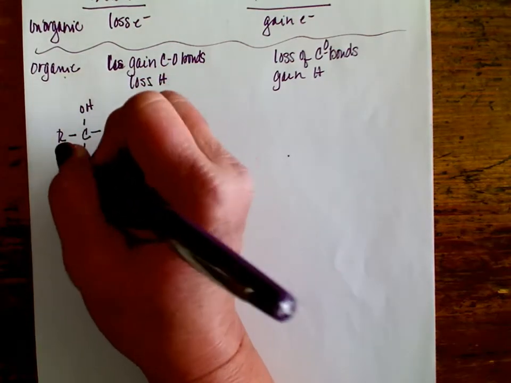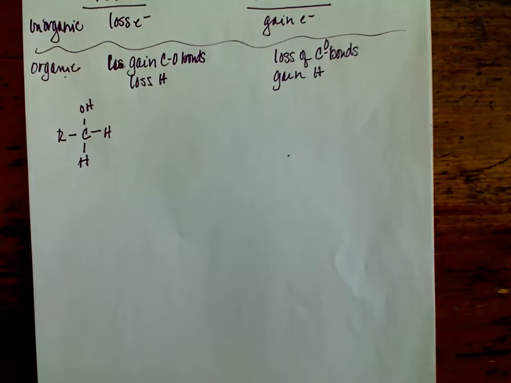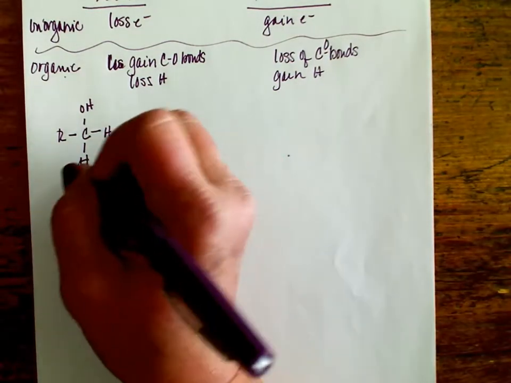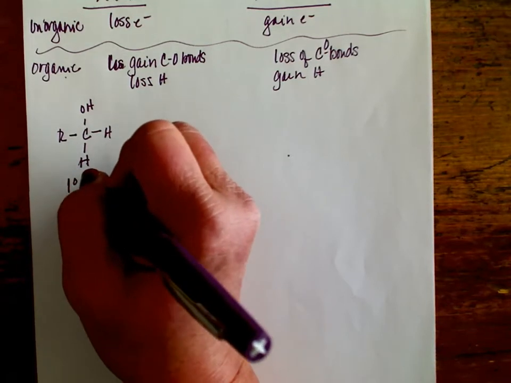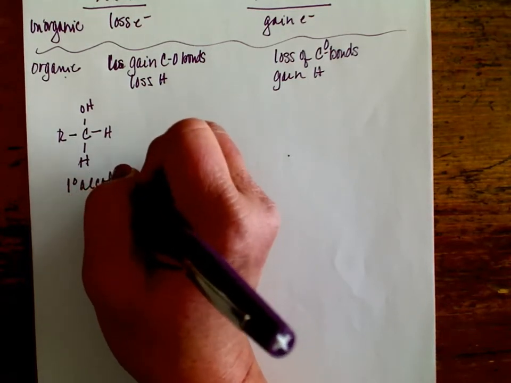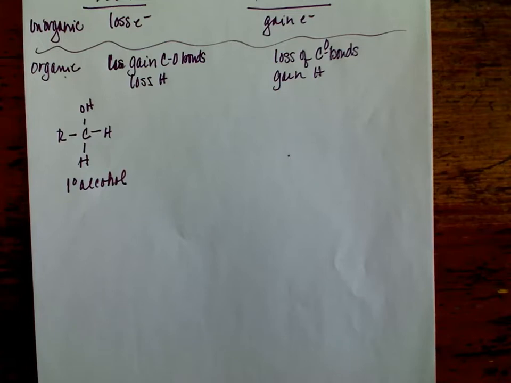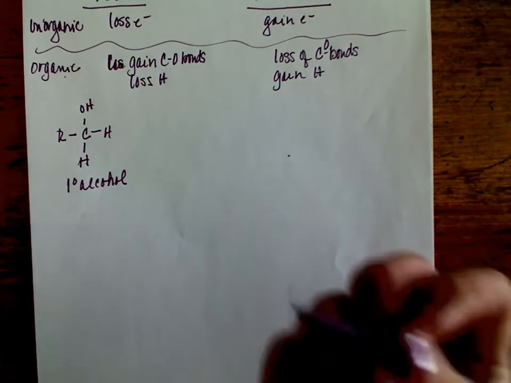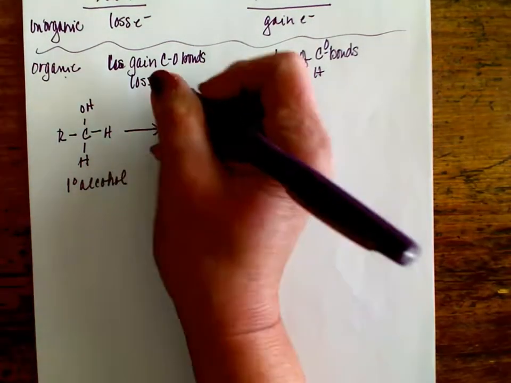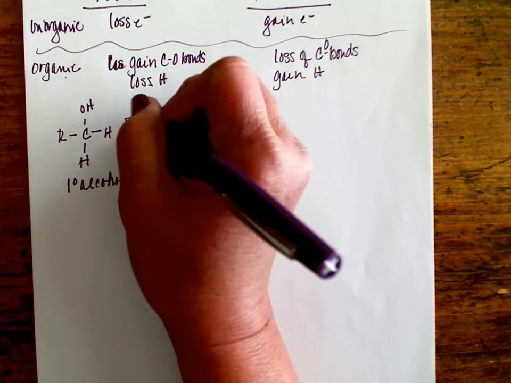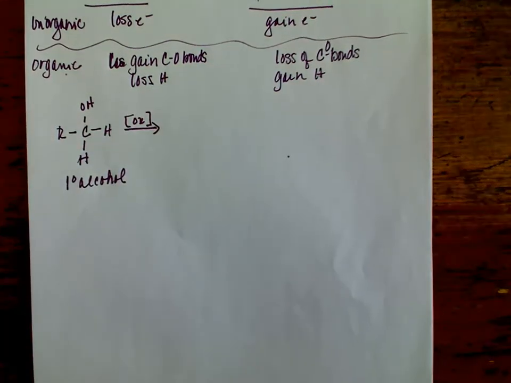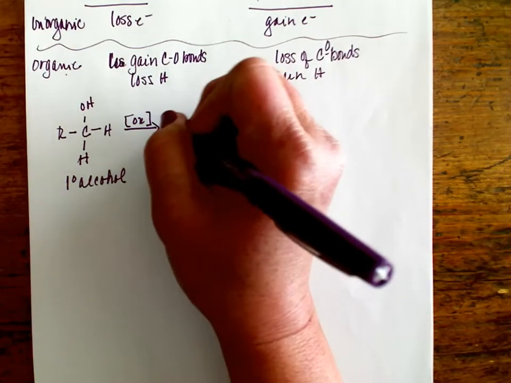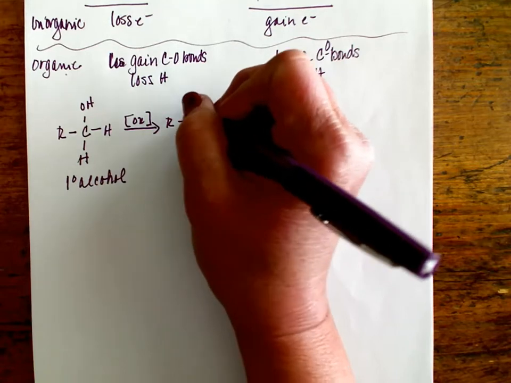So primary alcohol, again, the R group representing some form of alkyl group. In a primary alcohol, the hydroxyl group is on an end carbon. And if we subject this to some form of oxidizing agent, which isn't relevant to our discussion, so don't worry about that, we can oxidize that to an aldehyde.